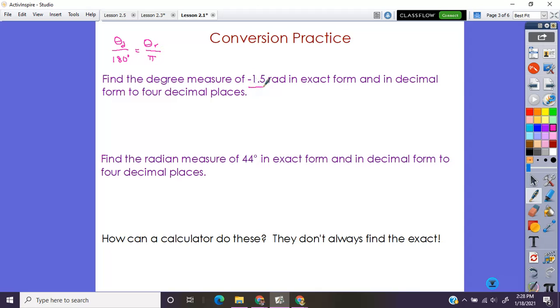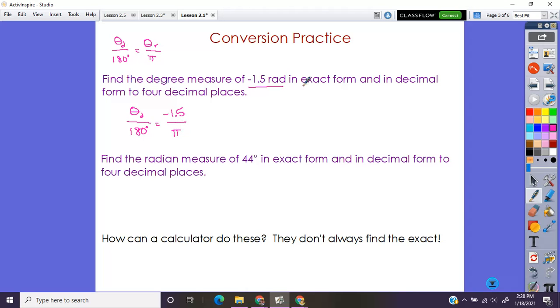Right now I'm given 1.5 radians, so I'm going to put this negative 1.5 in for my radian measure because I want to find the degree. So theta in degrees over 180 degrees equals negative 1.5 radians over pi.